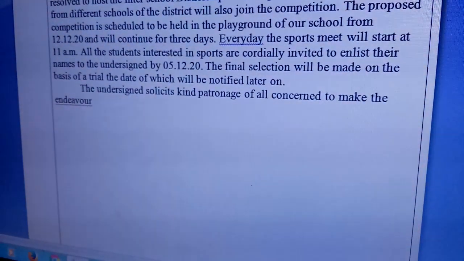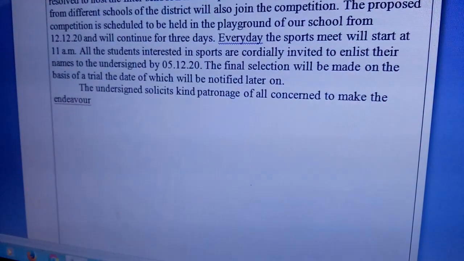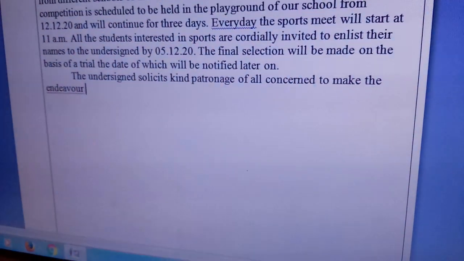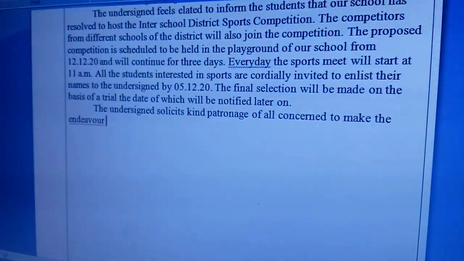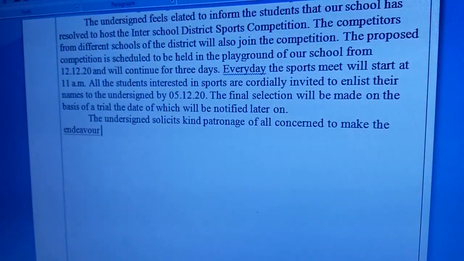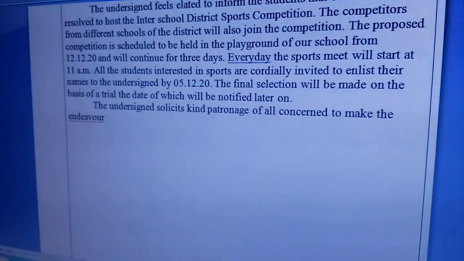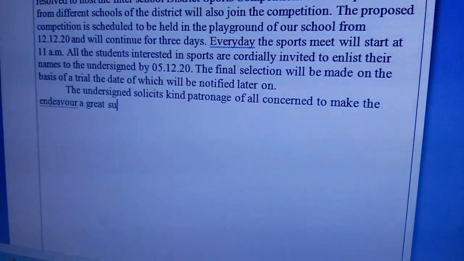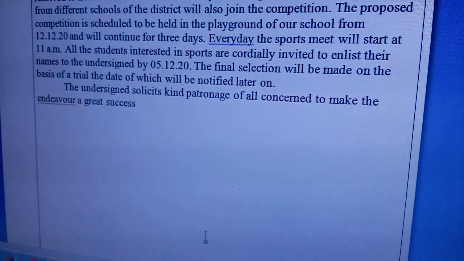The spelling is okay here, though there is a red mark, but that is the fault of the computer. The spelling is okay. Endeavor, to make the endeavor a great success. Okay.